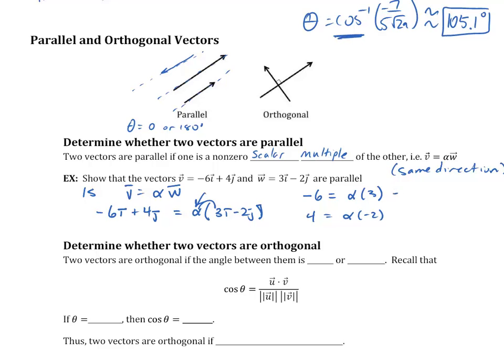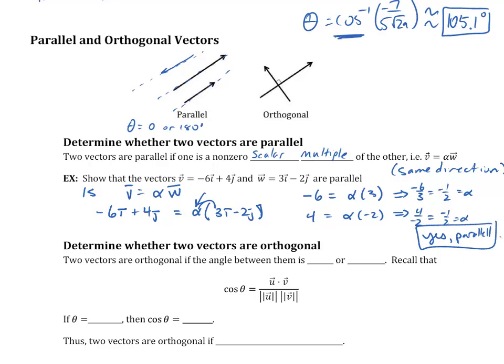If I get the same answer both times, then they are parallel. If I get a different answer in each equation, then they're not parallel. What's negative 6 divided by 3? It's negative 1/2. That's alpha in the first equation. And the second one would be, what's 4 divided by negative 2? That's a negative 1/2. That's alpha. Then yes, they're parallel.